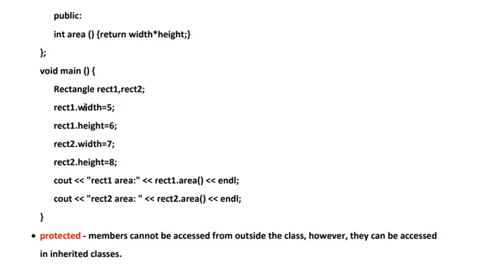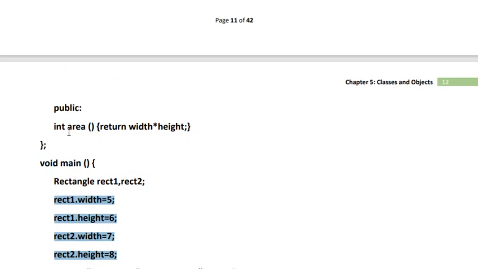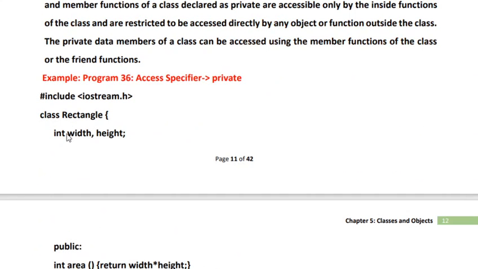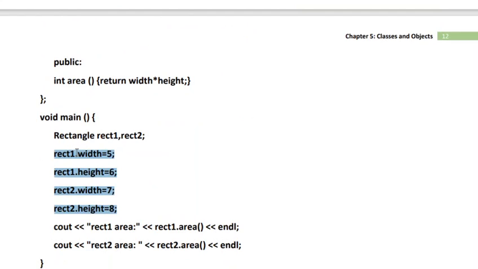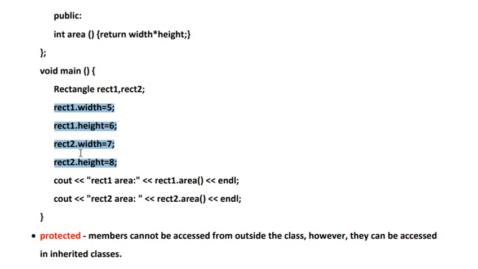These members are not accessible. So this program will yield an error stating that the private member of the object cannot be accessed using the dot operator or the direct member access operator. So this particular program will yield an error.